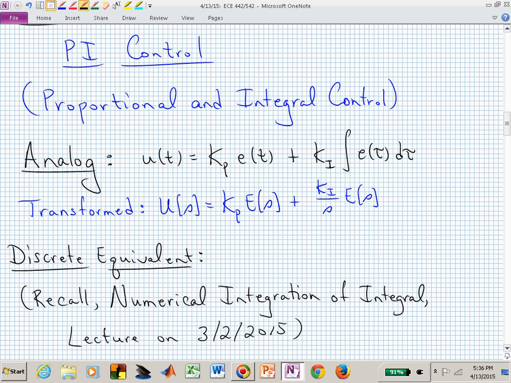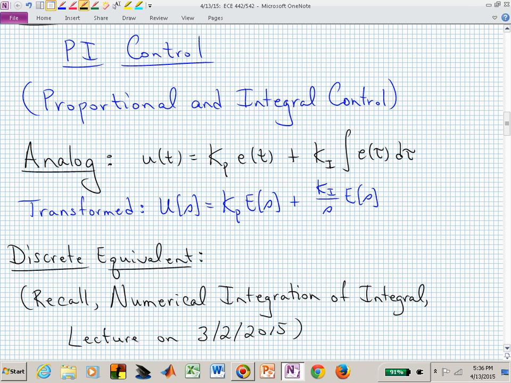K sub p and K sub i are independently adjustable in a PI controller. And if you bought a PI controller, which you can off the shelf, you have knobs that you can adjust or tweak. One of those knobs being Kp, one being Ki, or the proportional knob, the integral knob, and the derivative knob. And here we're setting the derivative knob, the PID, the D part, to 0. We're not introducing that.